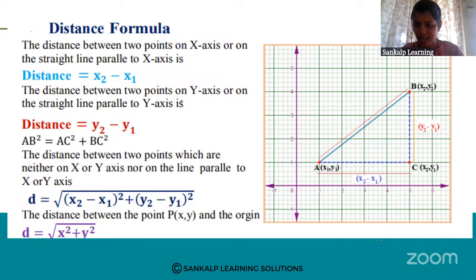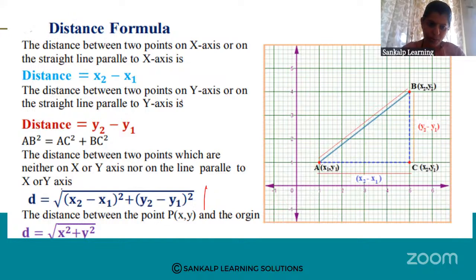See, this is the line parallel to x-axis, A to C. If you want to find out the distance between A and C, there also we are using distance formula. So distance is x2 minus x1 here, right? And here, the distance y2 minus y1. If you use Pythagoras theorem, then we get square root of x2 minus x1 whole square plus y2 minus y1 whole square. This is the distance formula.